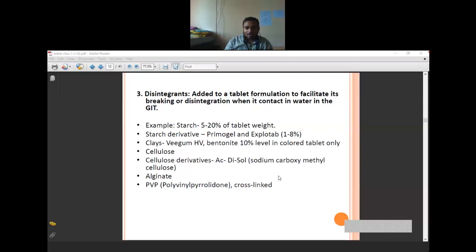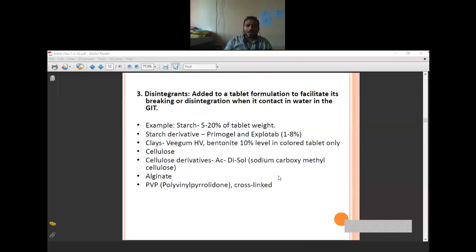Okay. So clays, what are clays? Clays are also used as disintegrating agents, that is Veegum HV, bentonite 10%. Okay, these are the main disintegrating agents. Then cellulose and cellulose derivatives. What are examples of cellulose? Carboxymethyl cellulose, HPMC, hydroxypropyl methyl cellulose.